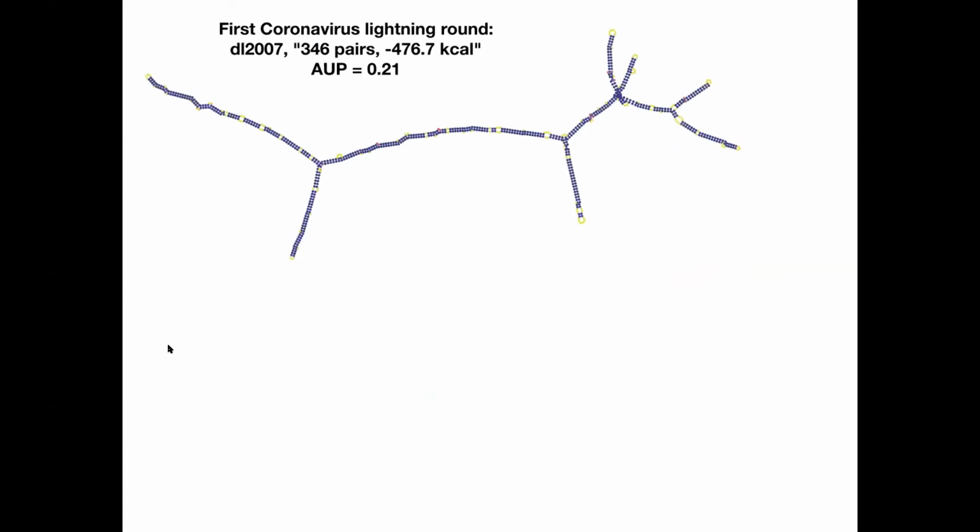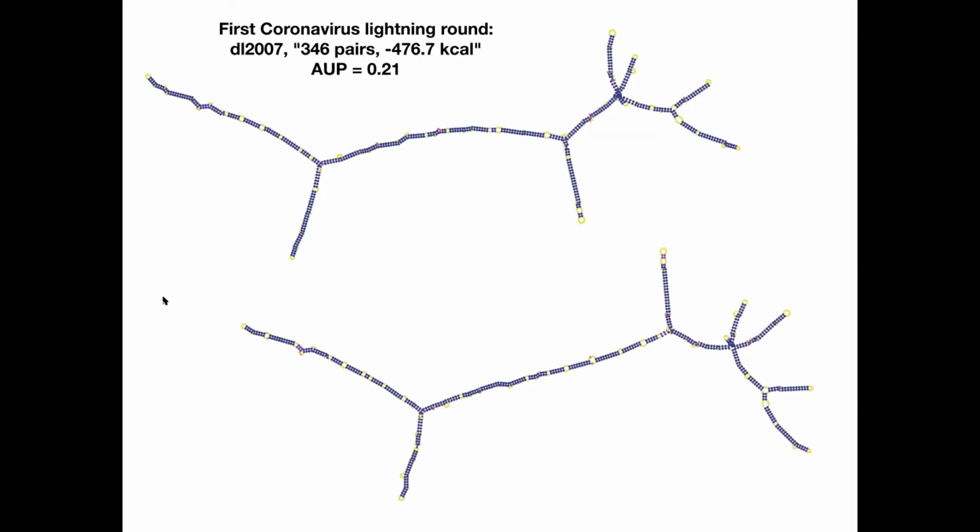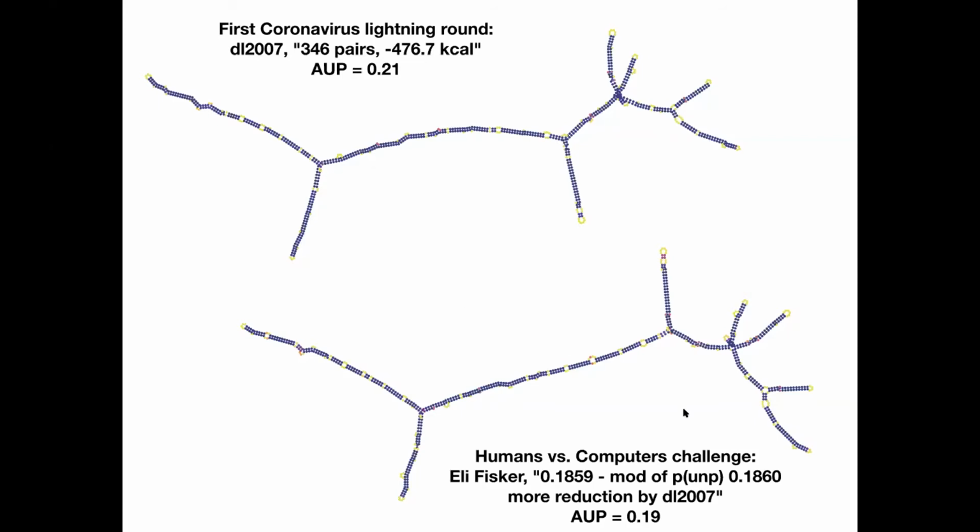So Eterna players got the same exact value of 0.21 within the first coronavirus lightning round, where players weren't even asked to particularly stabilize AUP. And then in the lightning challenge of humans versus computers, the lowest AUP solution ended up being a mod of this sequence from the first round.